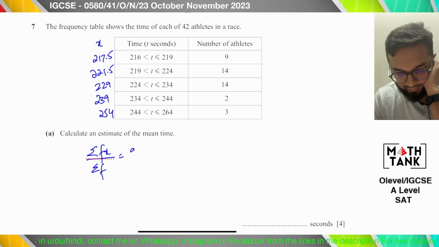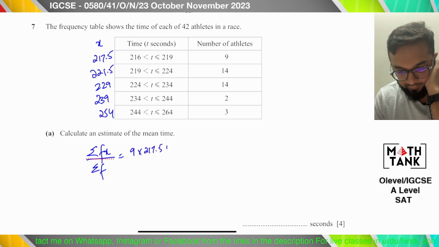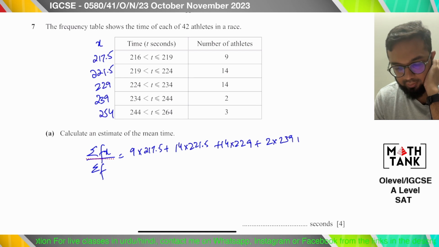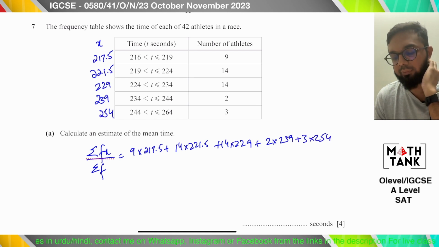Now I do sum of fx: 9 into 217.5 plus 14 into 221.5 plus 14 into 229 plus 2 into 239 plus 3 into 254.